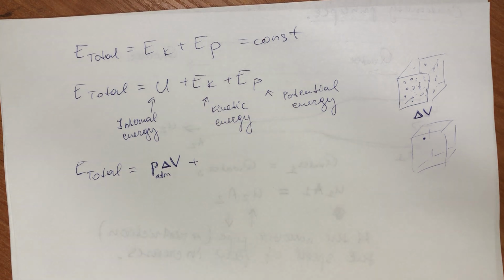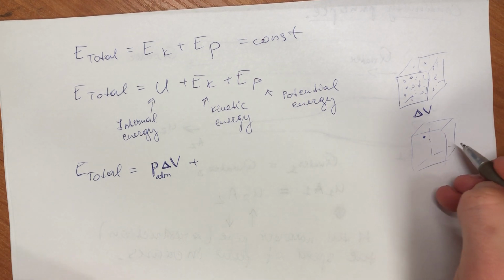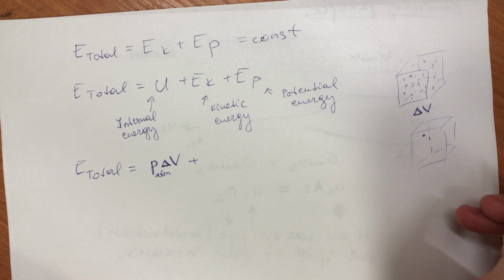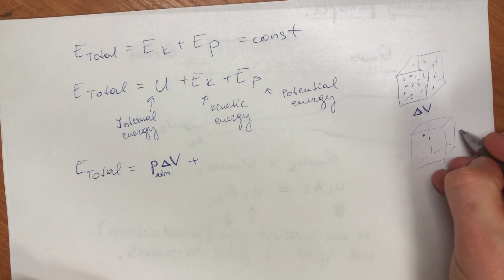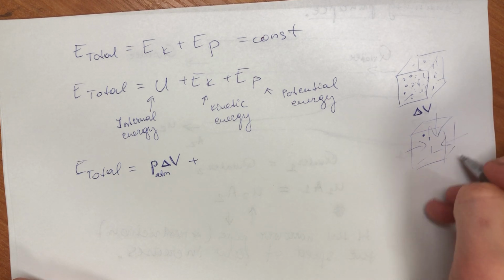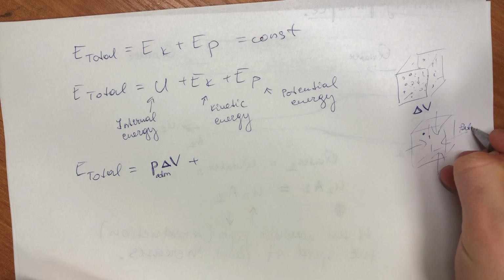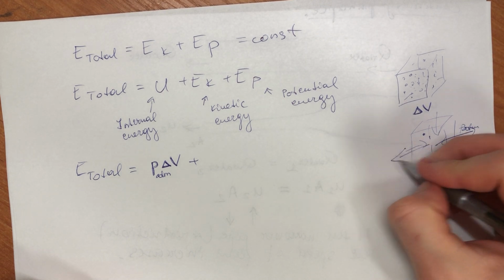This volume must be given against atmospheric pressure. You have to do some work against atmospheric pressure, because atmospheric pressure tends to reduce this volume, and you need to do work against atmospheric pressure to expand the system.